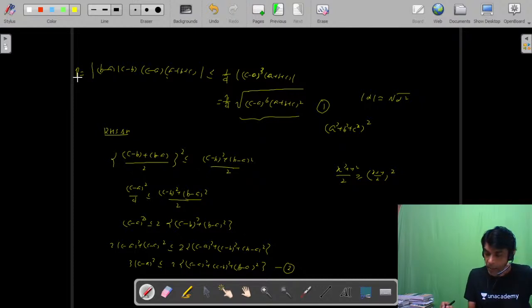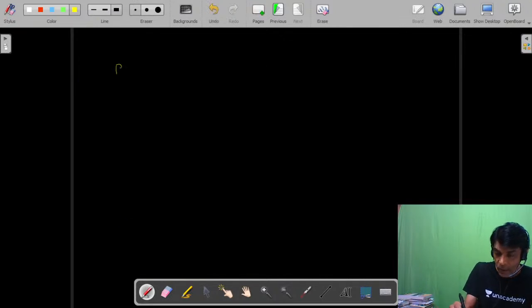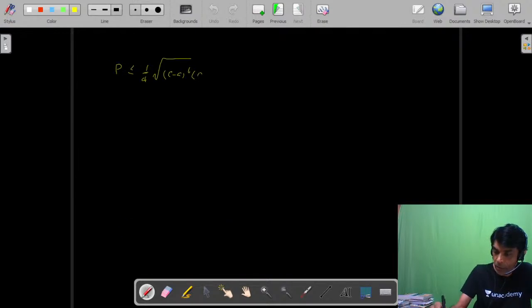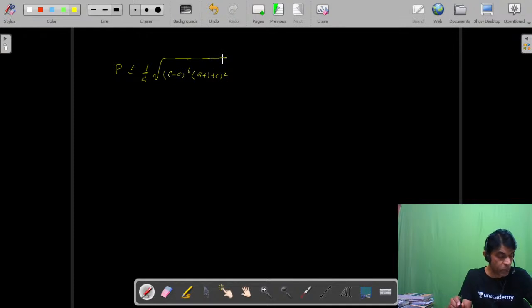If anybody is having any difficulty in following, they can quickly ask some questions. So we got p less than or equal to 1/4 of the square root of the square root of, you have got c minus a whole to the 6 times a plus b plus c whole squared. Take care of the coefficients. This is one that we are writing.